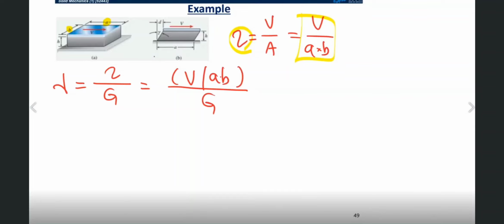And eventually we can simplify it as V over ABG. So this is the shear strain gamma.